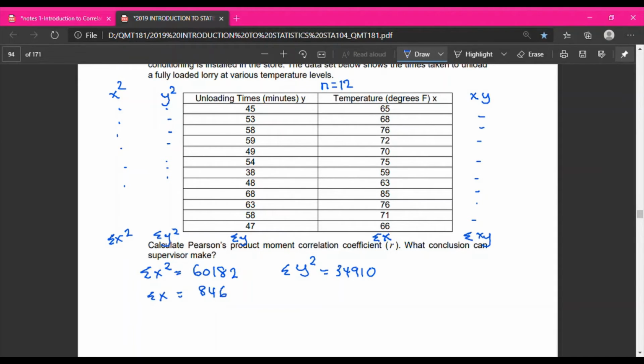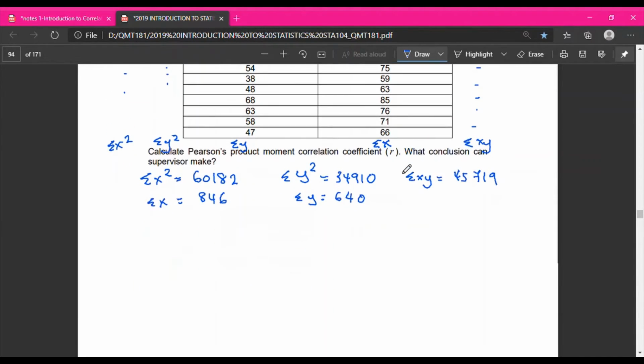So press the arrow to the right, get summation y which is 2, equal. So summation y is 640. Another one is summation of xy, same shift 1, press the arrow to the right, number 3, equal. It is 45719.